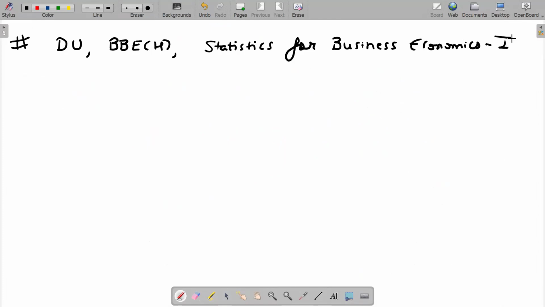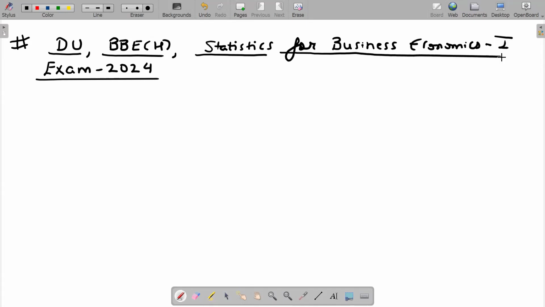And this lecture contains problems we are solving from the exam 2024. Other students who have statistics as a part of your course can also benefit from this particular lecture, but students particularly having BBE honors at University of Delhi are going to benefit the max.